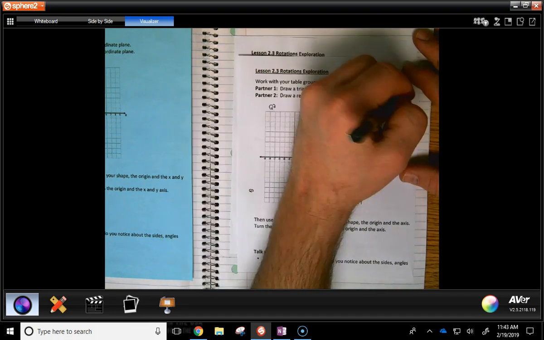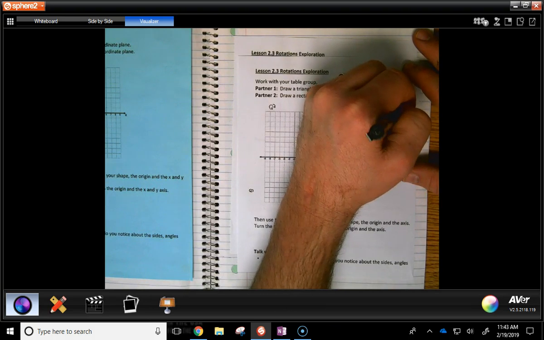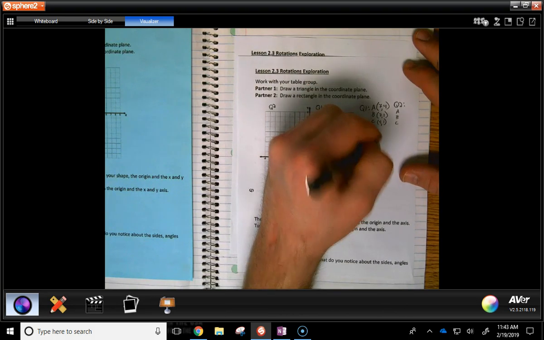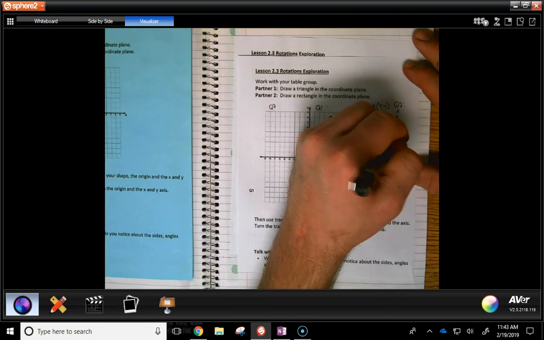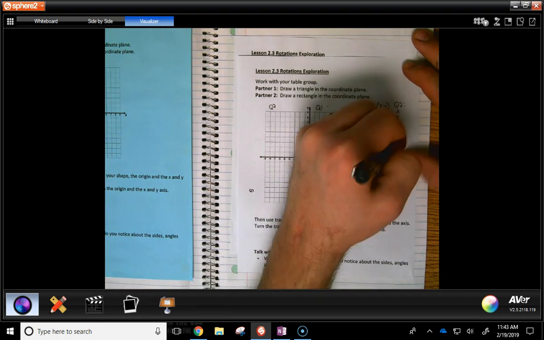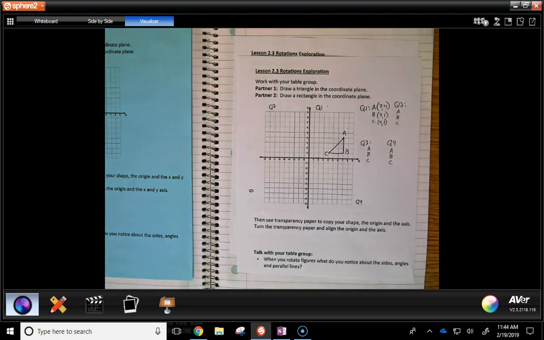Then I want you to go to the quadrant next to it and do the same thing. A, B, C. Do all 4 quadrants. It won't take you too long. If you don't completely finish, it's not graded, but this really, I promise you, will help you.